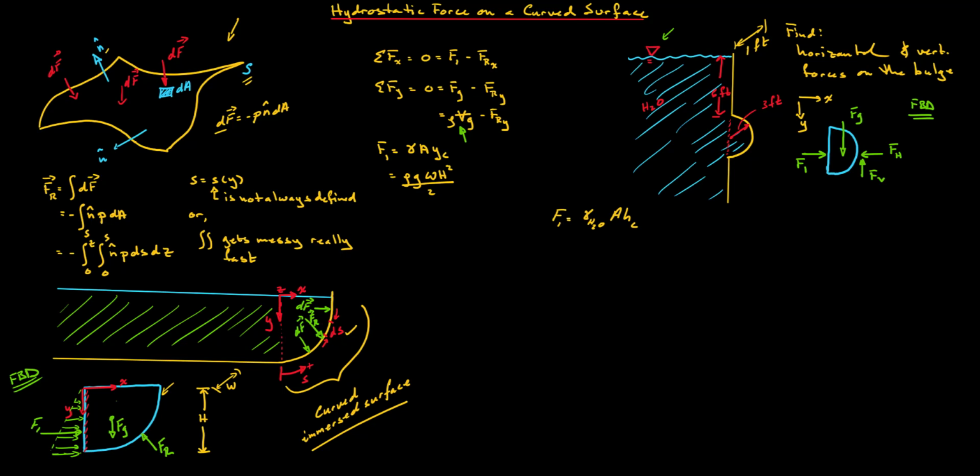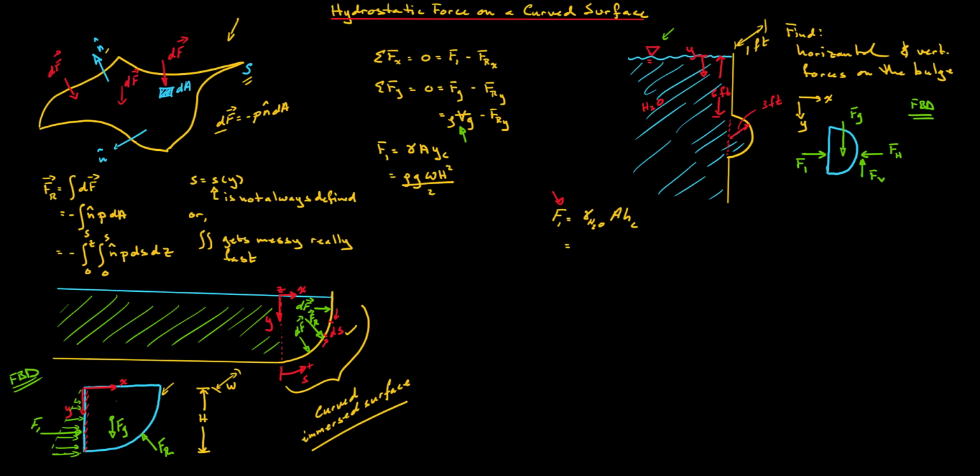And recall in our derivation of this resultant force that y is defined as having its origin on the free surface. All right. So here we're working in feet, so we're in imperial units.